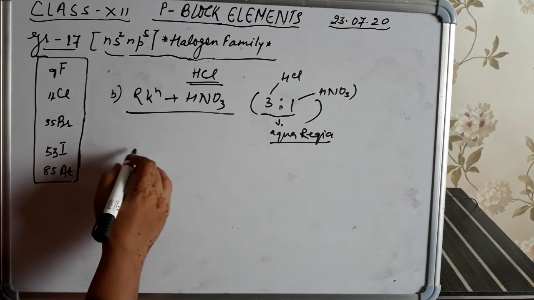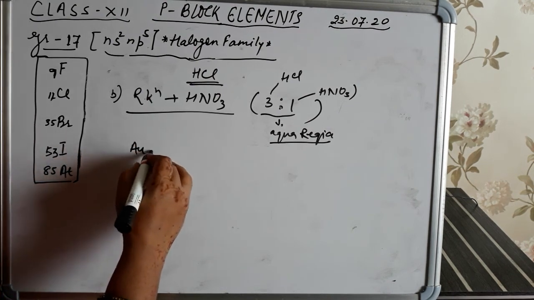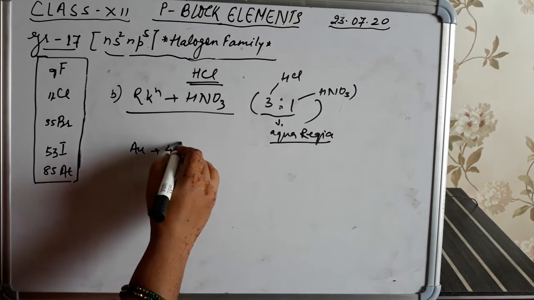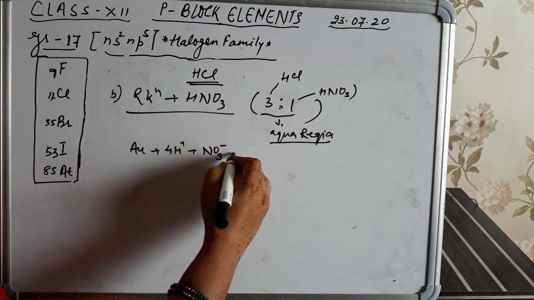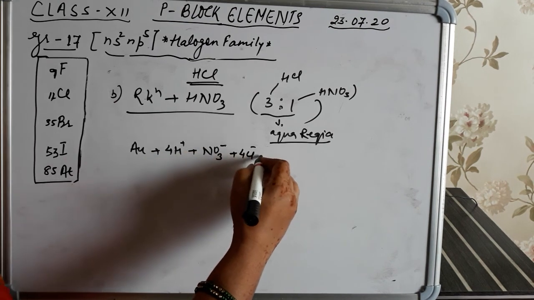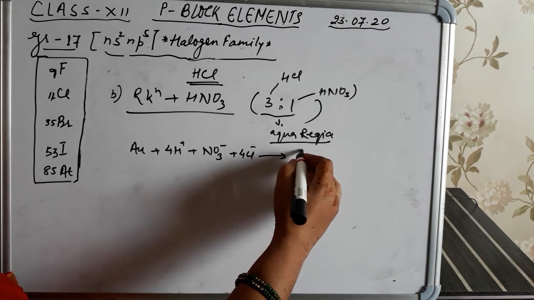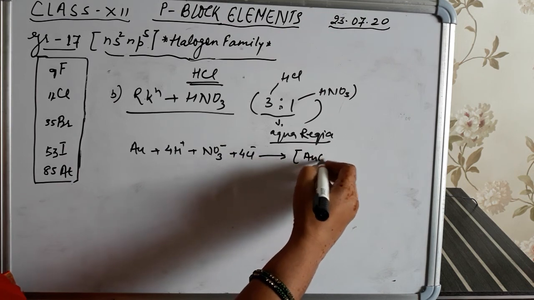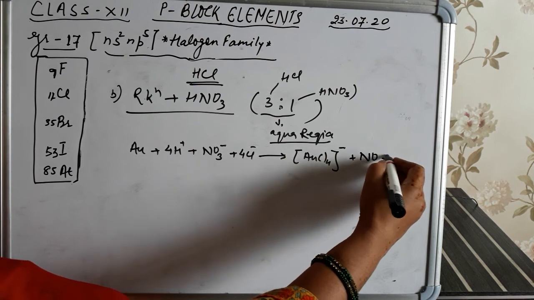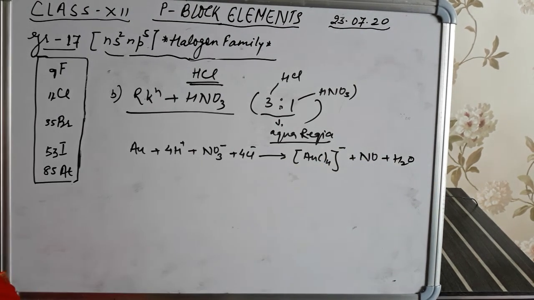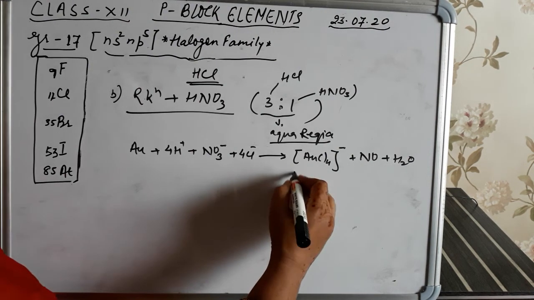We have already discussed this reaction under nitric acid, but here we discuss it again. Gold forms AuCl4 minus, tetrachloroaurate(III) ion, plus nitric oxide plus water.